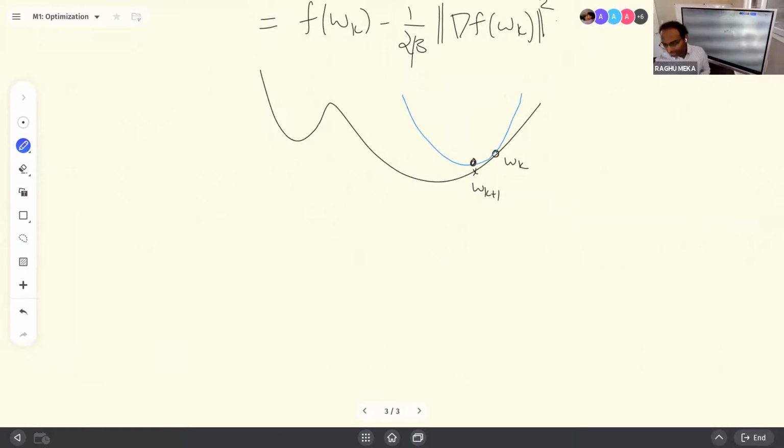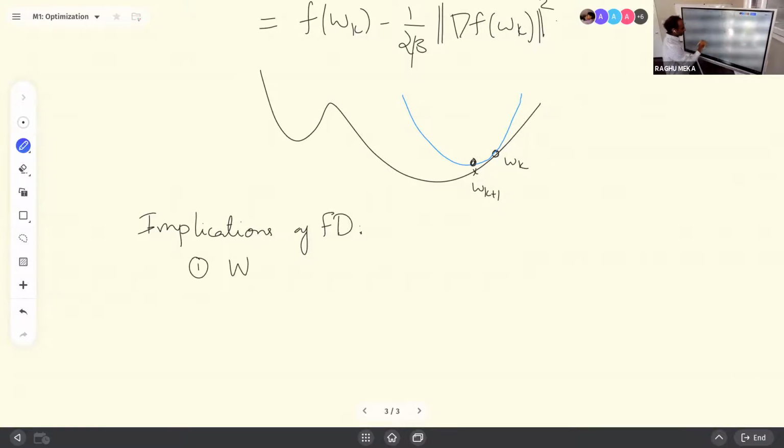All right. So what does this theorem tell us, right? So let's understand the implications of GD. It says that we make progress.